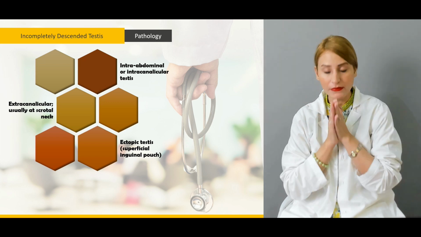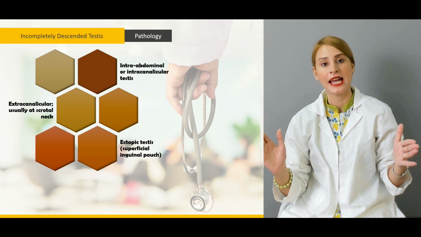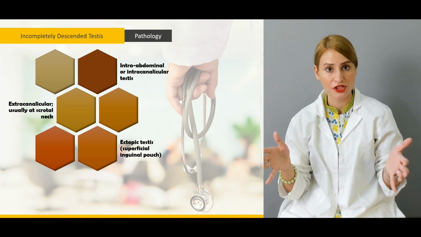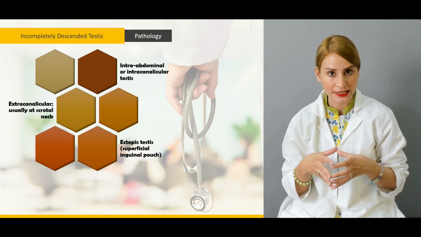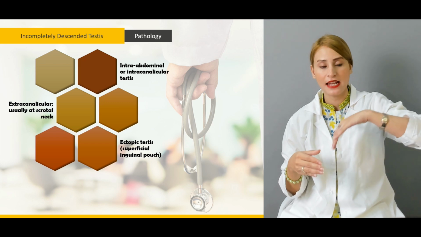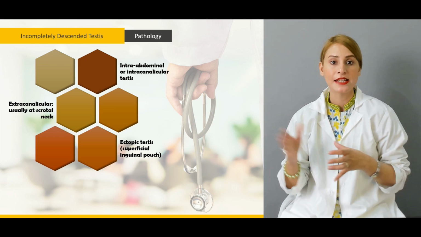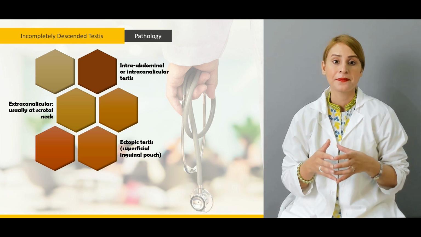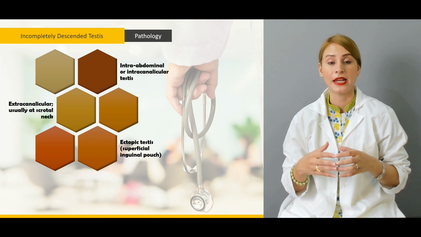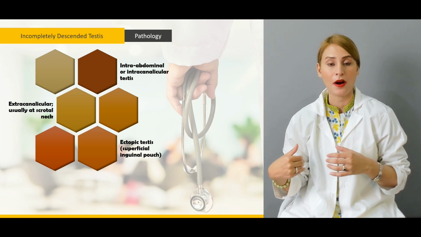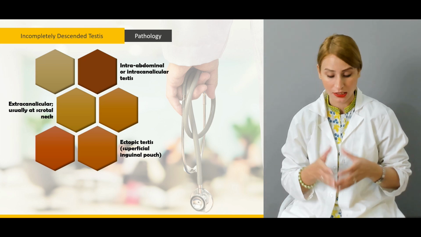A little bit of the anatomy of the inguinal canal should be very clear to you. There are two rings present in the inguinal canal. The inguinal canal starts from the deep inguinal ring and comes to the superficial inguinal ring. The deep inguinal ring is at the midpoint of the inguinal ligament, for which the landmarks are the anterior superior iliac spine and the pubic tubercle.